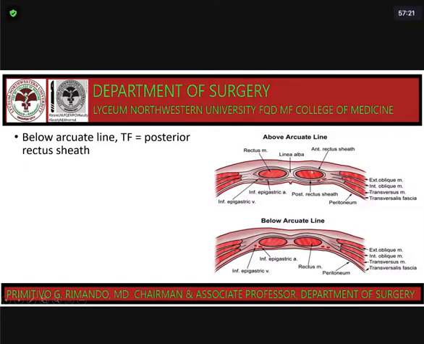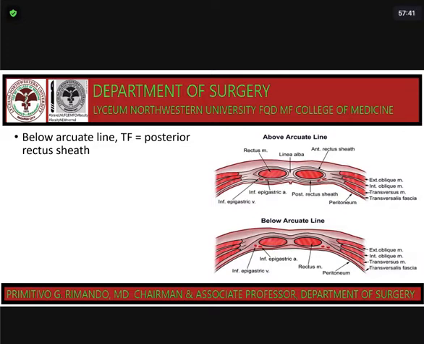The important thing to remember here is your internal oblique muscle. The aponeurosis of your internal oblique muscle above the arcuate line divides.